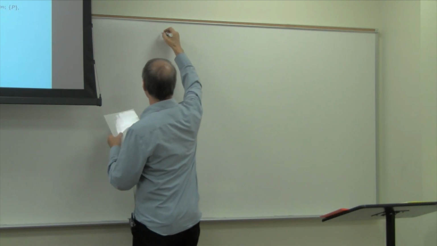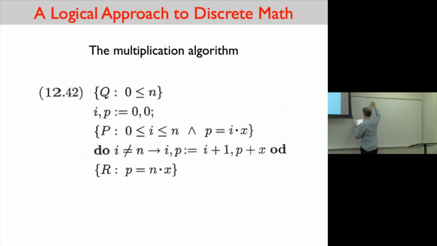So here's the multiplication algorithm. Q is 0 is less than or equal to n. And then I, P gets 0, 0. And then the invariant P is 0 less than or equal to I, less than or equal to n, and P equals I times x.